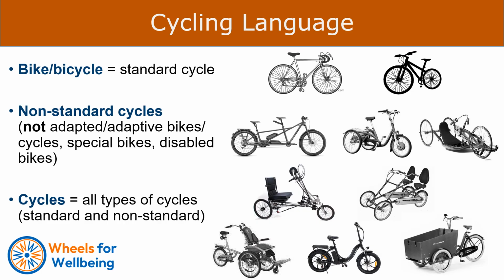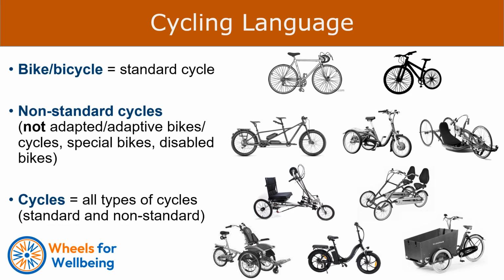So you might have already noticed during this webinar that I'm using language about cycles and cycling in a very specific way. We do this in order to be both accurate and inclusive. When we use the term bike or bicycle, our preferred term for that is a standard cycle. That refers to the regular two-wheel bike that most people imagine when they think about cycling.